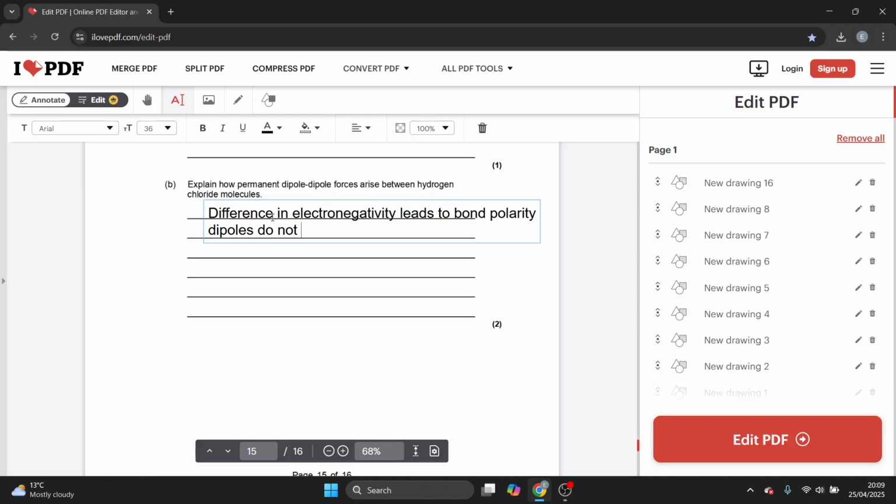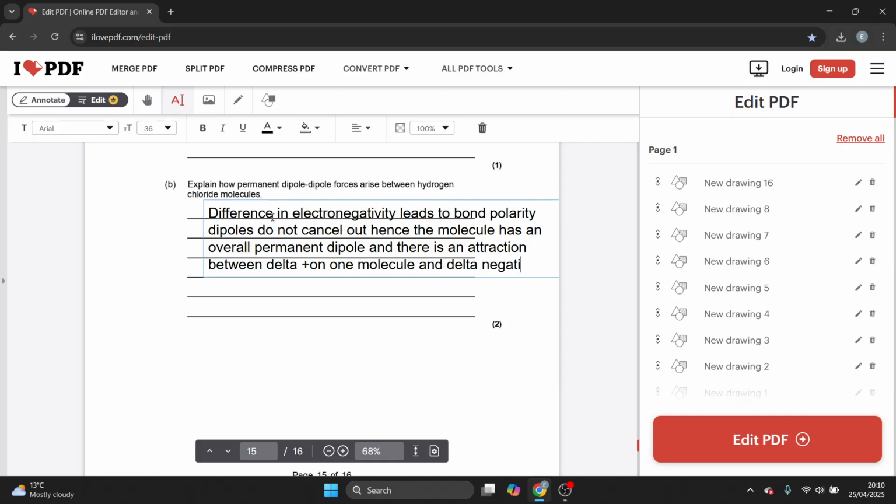Dipoles do not cancel out, hence the molecule has an overall permanent dipole, and there is an attraction between delta positive on one molecule and delta negative on another molecule.